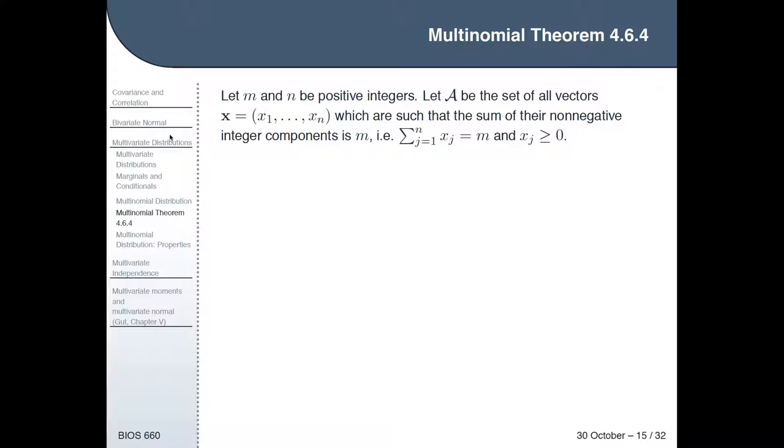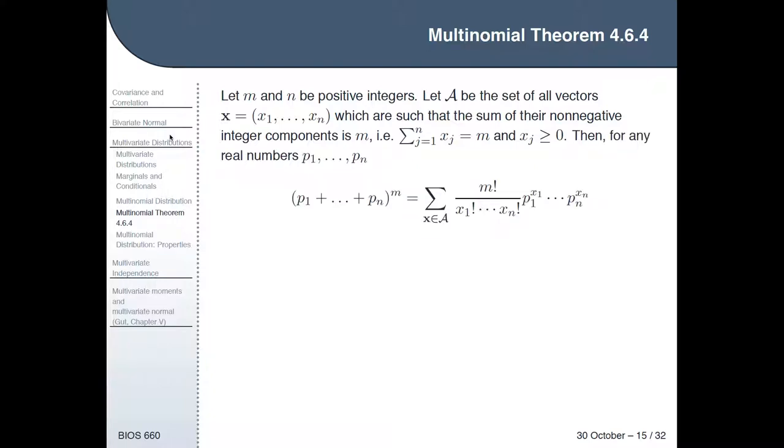Multinomial theorem, it's theorem 4.6.4 in Casella and Berger, say m and n are positive integers, and let A be the set of vectors such that the sum of their non-negative integer components is m. That is, you take some set of things such that they're all integers that sum up to m, and each one of them is greater than or equal to 0.